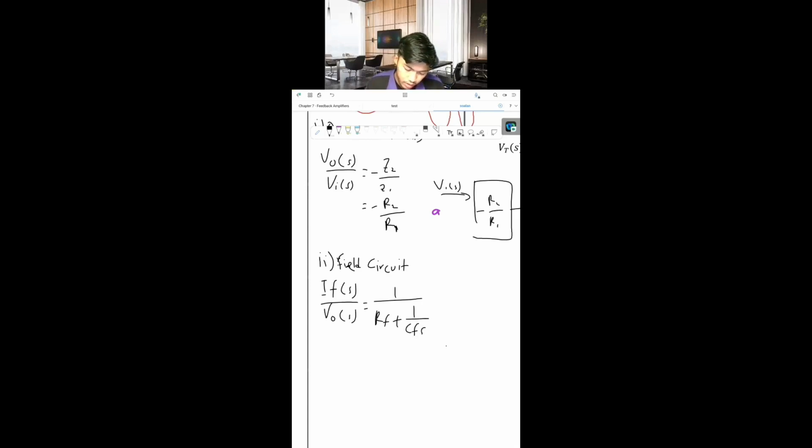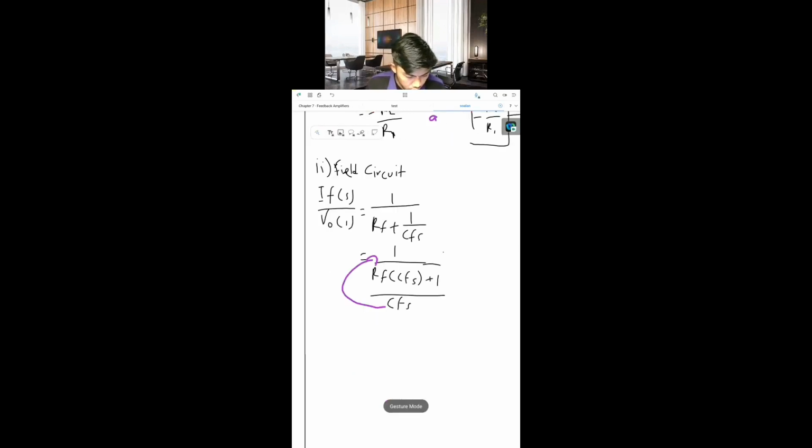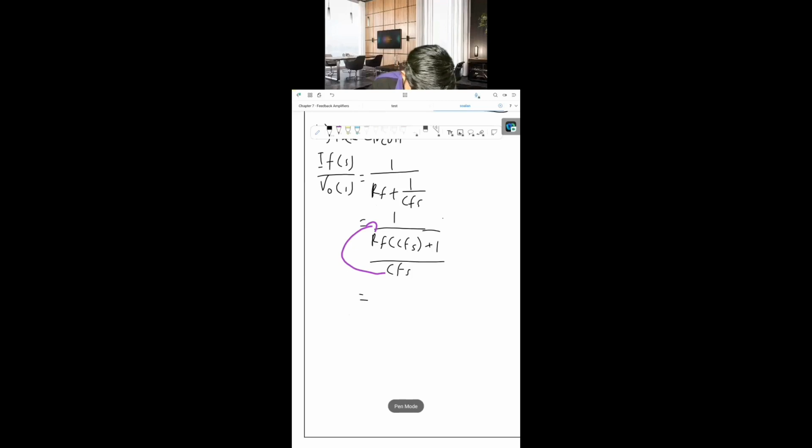So we have to solve it to make the denominator, to solve the denominator. Okay, RF multiply with CFS plus 1 over CFS. Naikkan ke atas. So kita dapat CFS over RF multiply with CFS plus 1. Okay, we're done here for the function.